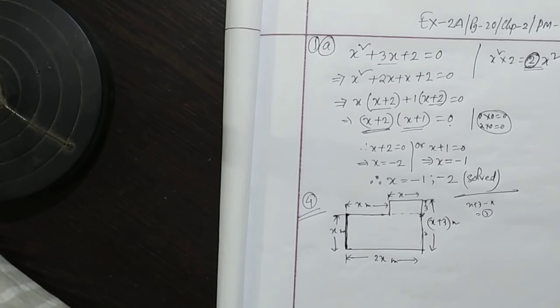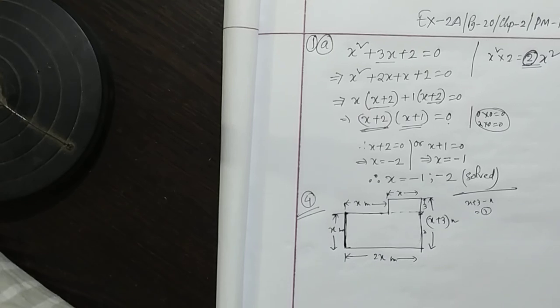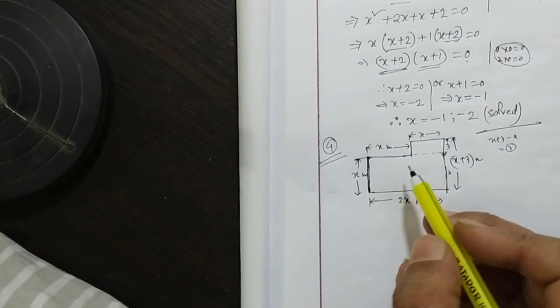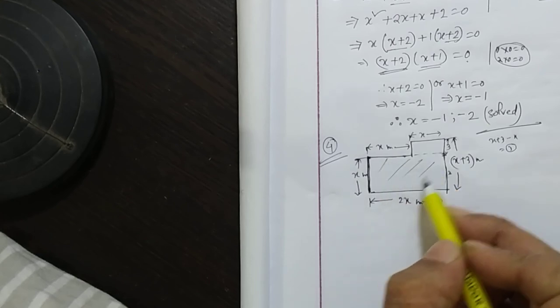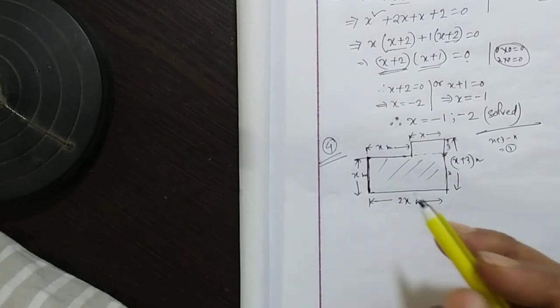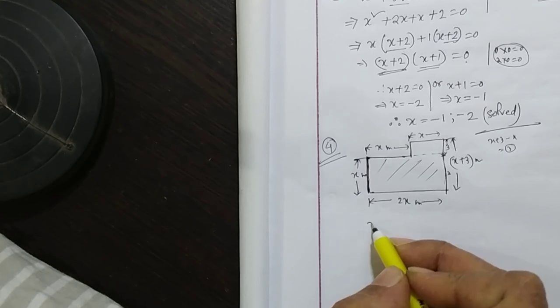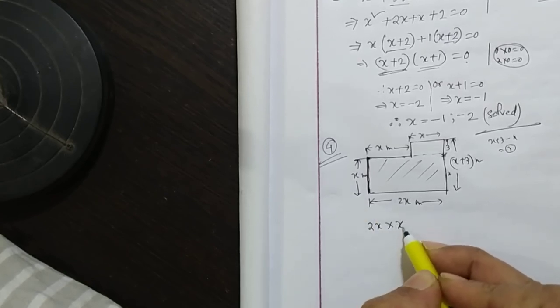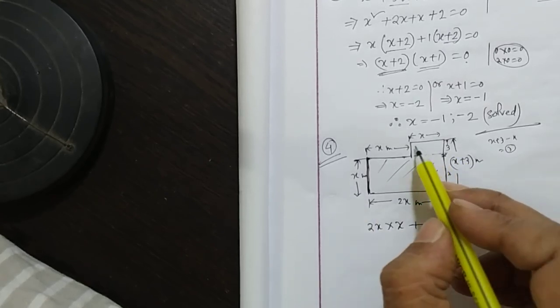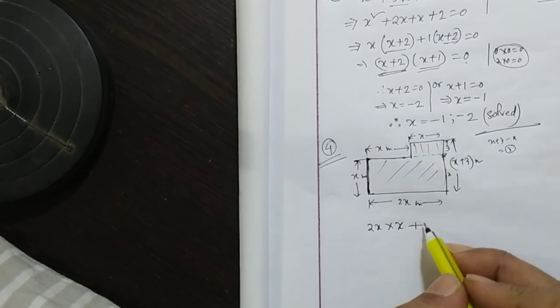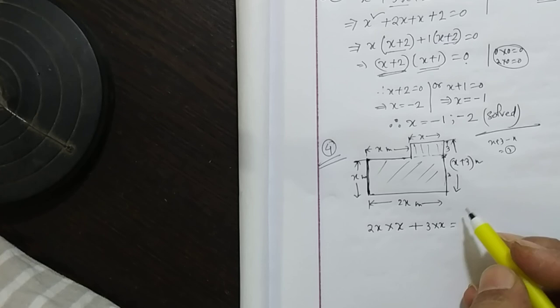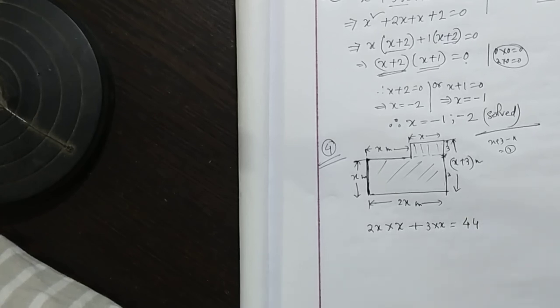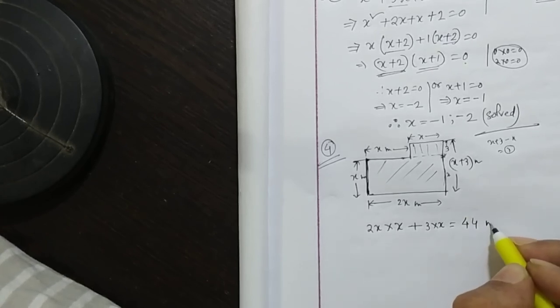So the question is, this shape has an area of 44 meter square. Find the value of x. So if we take the total area into two parts, one is this rectangle, where the area will be twice x multiplied by x, and then the smaller part, where the area will be 3 multiplied by x, and the total area given is 44 meter square.